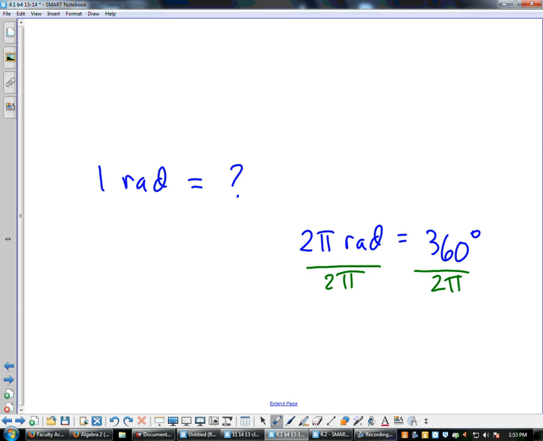Calculators, we want to get a decimal approximation. So 1 radian is approximately how many degrees? We're taking 360. 57.3. What units?